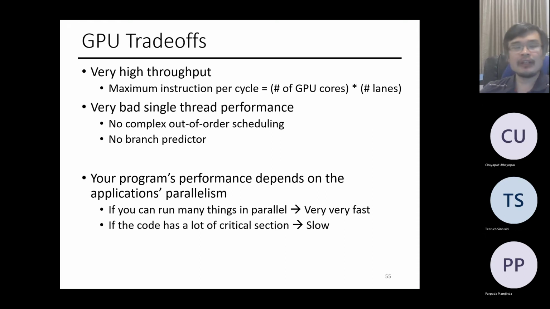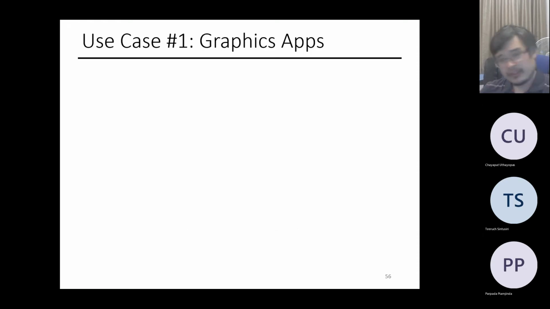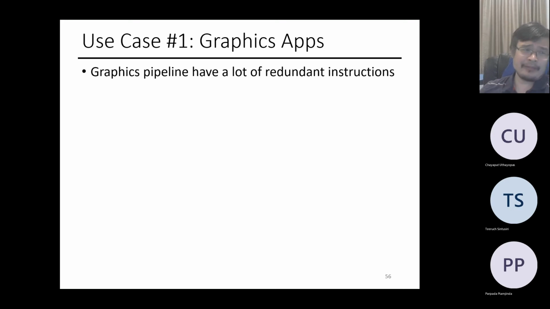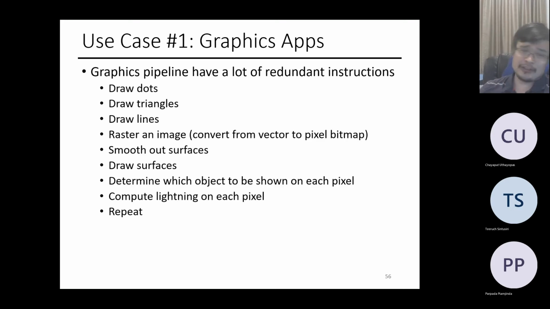The use case is, for example, graphics applications. The graphics pipeline has a lot of redundant instructions. Draw dots, dots, dots. Draw the lines to connect them and draw the triangle, and then you rasterize the image to convert the vector into a bitmap. Then you smooth out the surface. You then have the texture mapping and draw the surface.